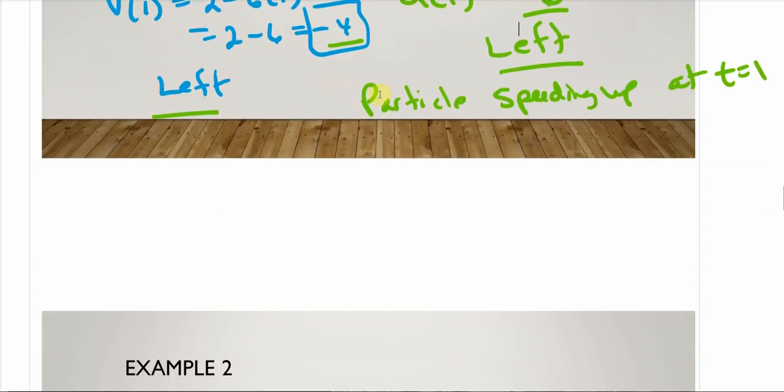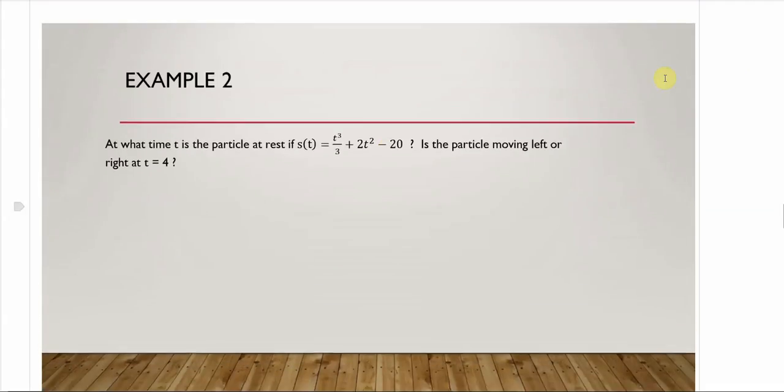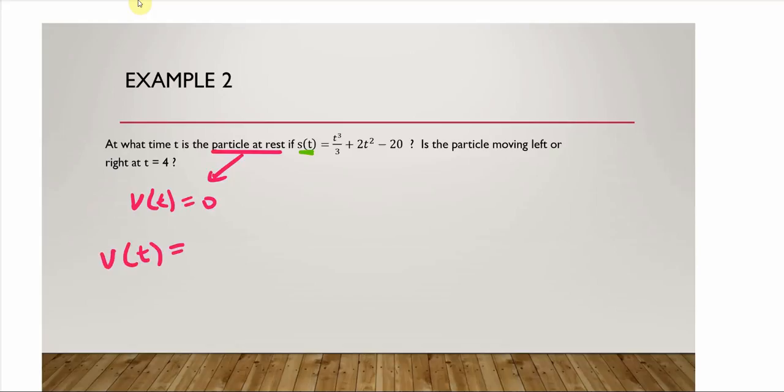So let's look at another example. At what time t is the particle at rest if you're given the position function? Is the particle moving left or right at t equals 4? So they want to know when the particle is at rest. This means velocity is going to equal 0. So I need my velocity function. What's my velocity function? Well, the derivative of this is going to be 3t cubed over 3, so it's going to be 3t squared.